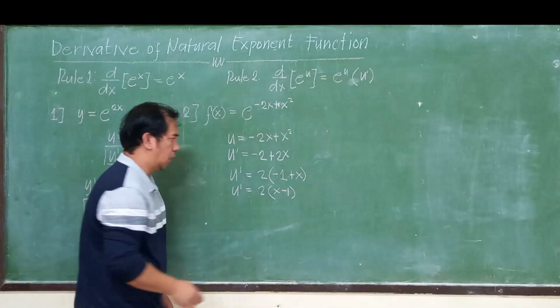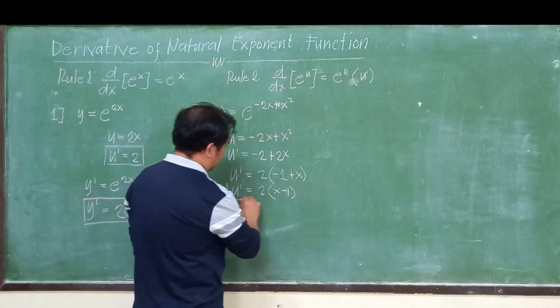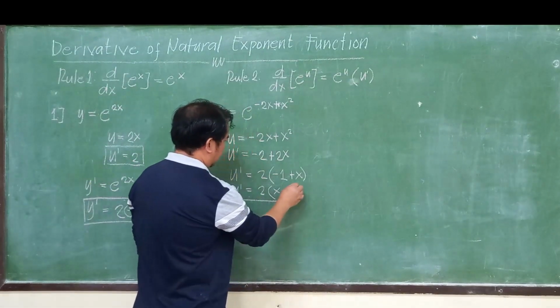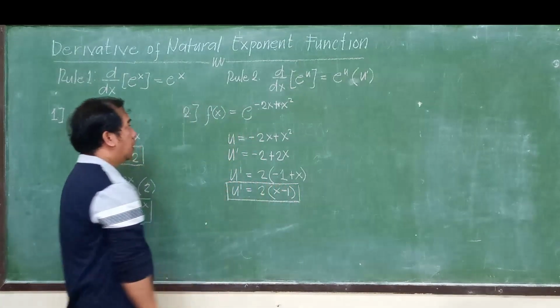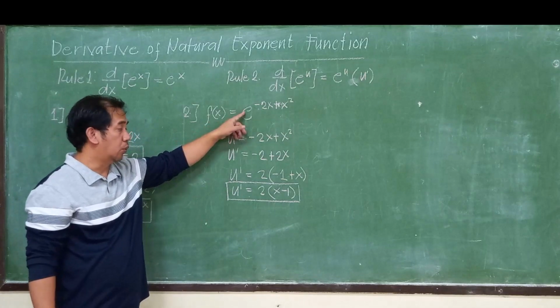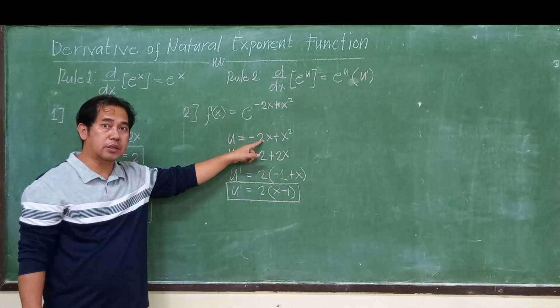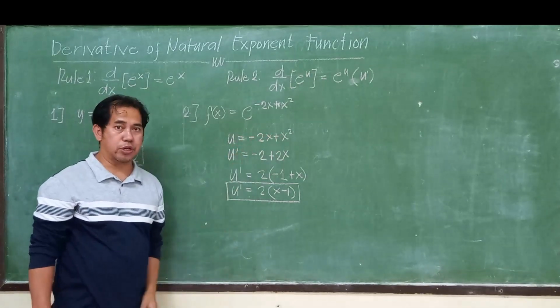We just try to rewrite it. So that is the derivative of u, which is the same as negative 2x plus x raised to 2.